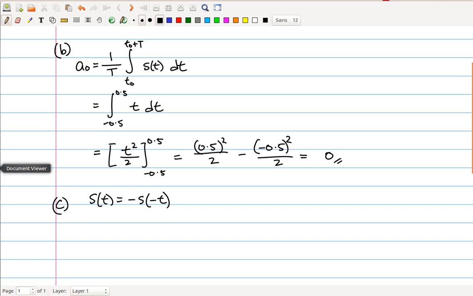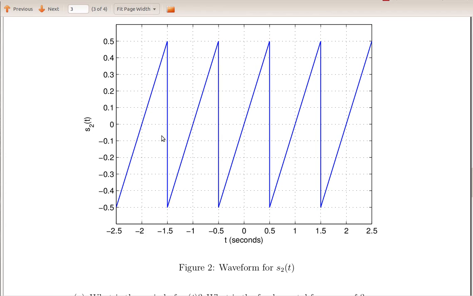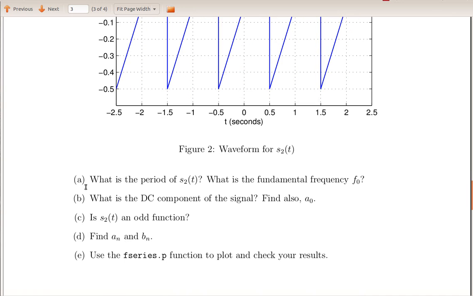If you imagine picking up that side of the function, between 0 to 0.5, and rotating it 180 degrees over to this side, you'll find that it lines up. Whatever's on this side will occur on the negative down here. It's rotational symmetry, and that's what we call an odd function. So yes, in this case S2 of t is an odd function.